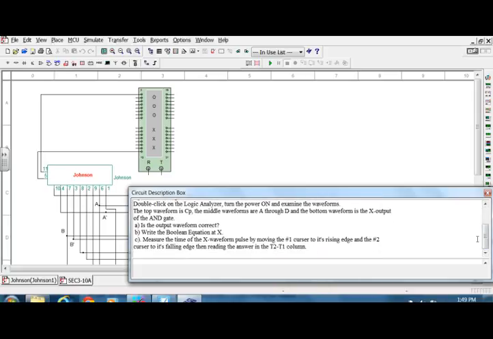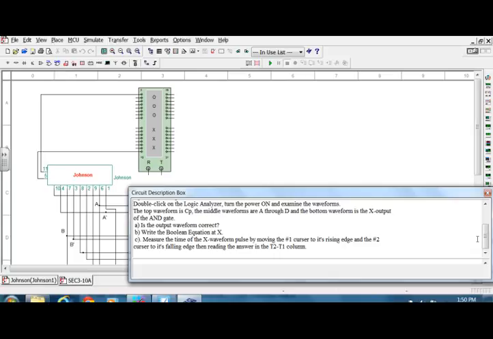Now, are those the same questions that are in our book? One would hope so. No. Okay. Is the output waveform correct? Write the Boolean expression.